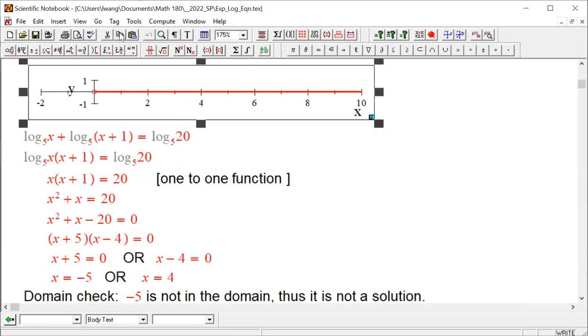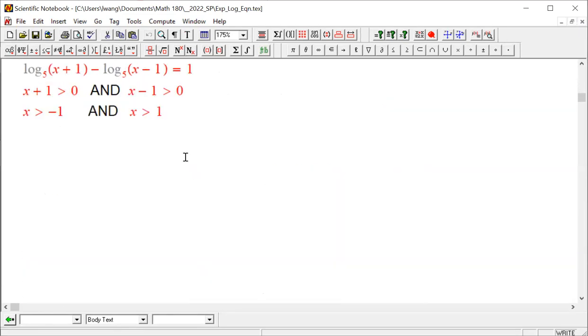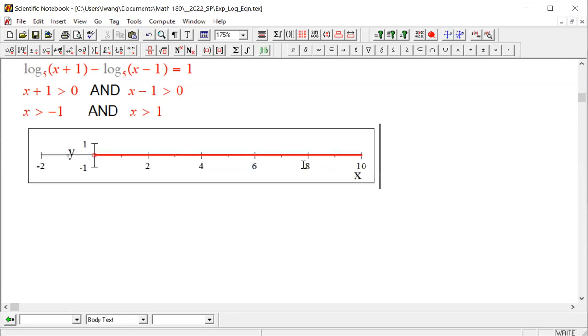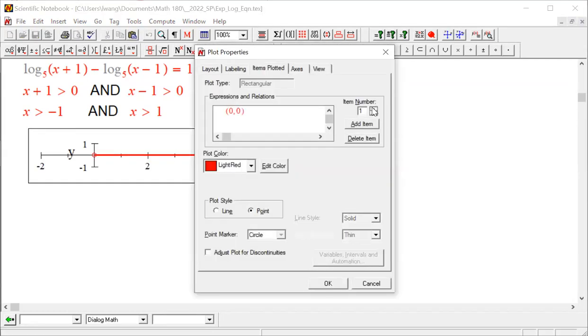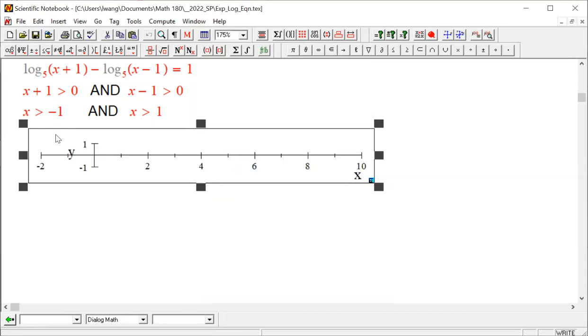So I'm going to borrow this number line and do it again. Of course, we're going to redraw it. So this is the number line, larger than -1 and larger than 1. Here's -1, so larger than -1 means all of these.